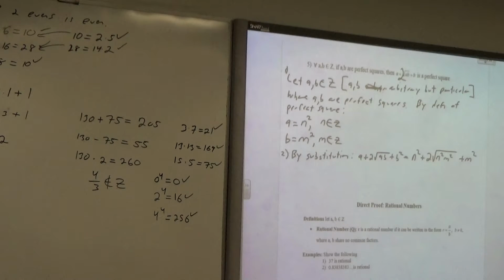We're still learning how to justify the steps. But the algebra you guys should be fairly competent with.